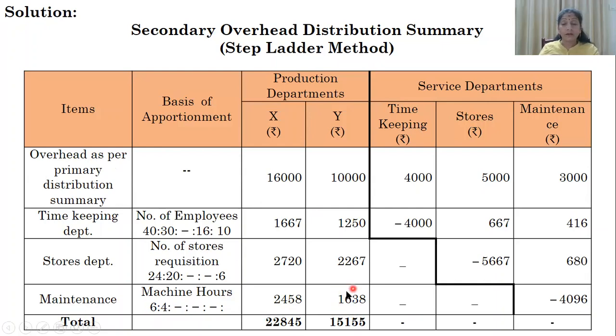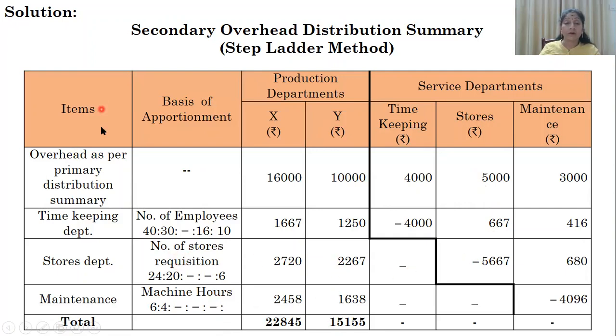Then what is the total here? Total of X and Y, the other columns will be nil. Total of production department X is 22,845, then Y is 15,155.